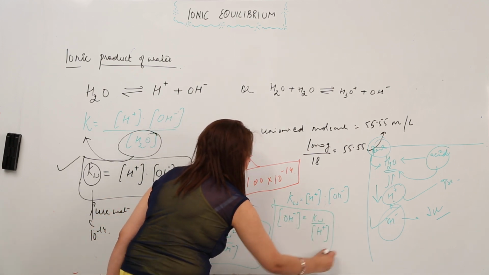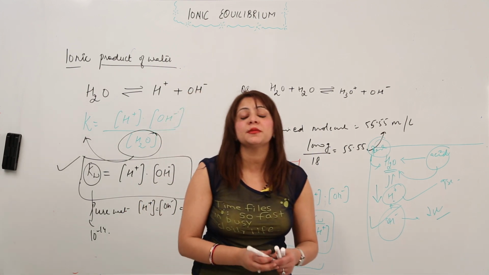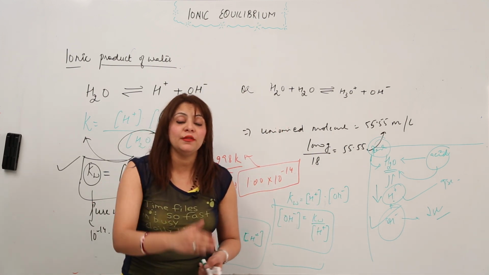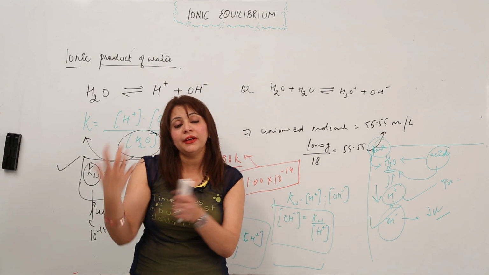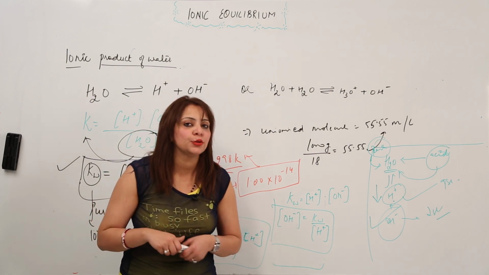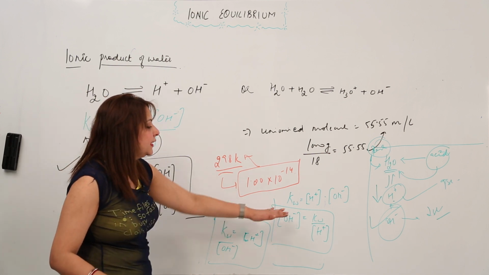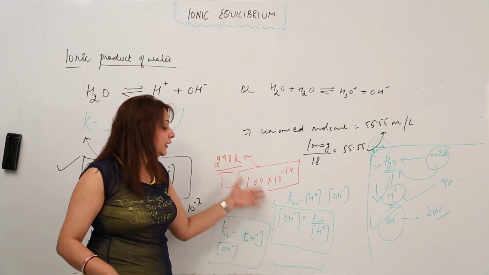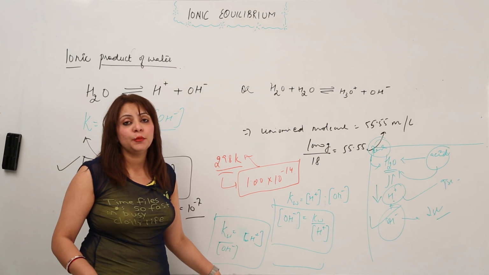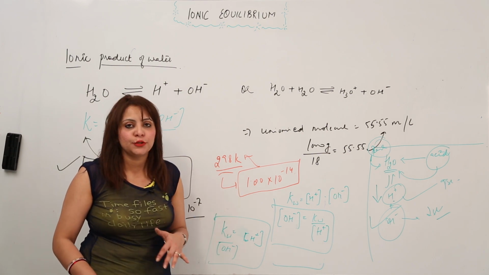So by these expressions we can know the concentration of the respective ion which gets lowered or increased when some other substance is added to it, right? This is the effect on the ionic product of water when we add acid or base to it, right?